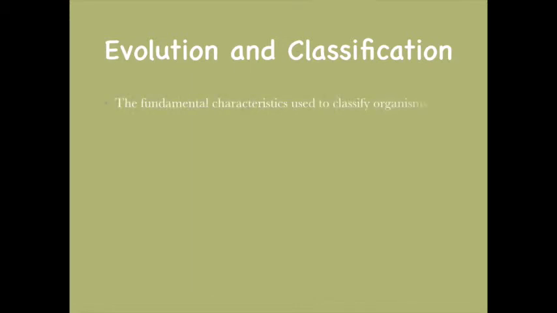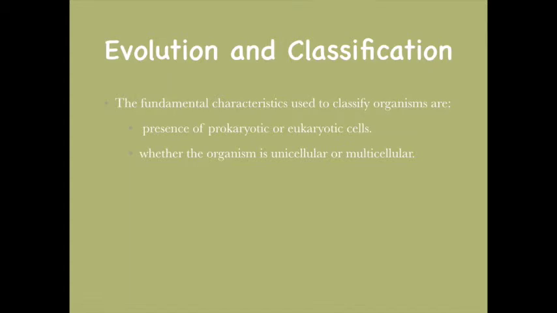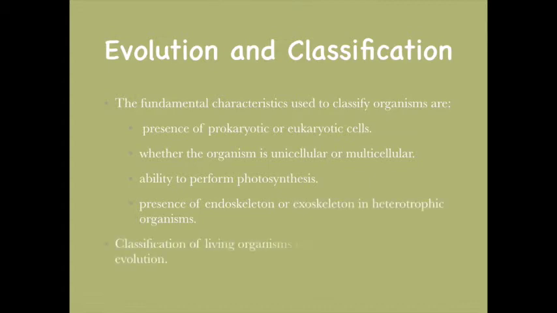Okay, now let us study evolution and classification. The fundamental characteristics used to classify are the presence of prokaryotic or eukaryotic cells, whether the organism is unicellular or multicellular, the ability to perform photosynthesis, and the presence of an endoskeleton or exoskeleton in heterotrophic organisms.